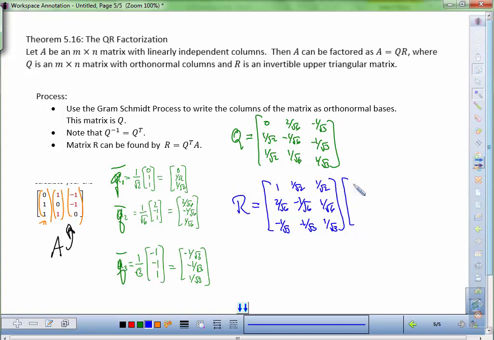And then my A matrix is 0, 1, negative 1, 1, 0, negative 1, 1, 1. Oh, sorry, this is a 0. It was a really, really skinny 0.